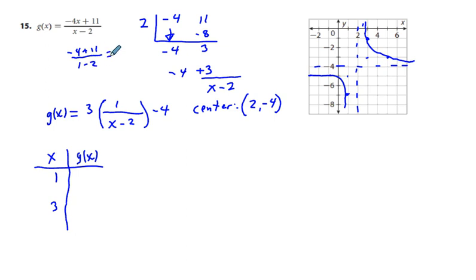So we're going to get 7 over negative 1 equals negative 7. And see, that's exactly what we have here.